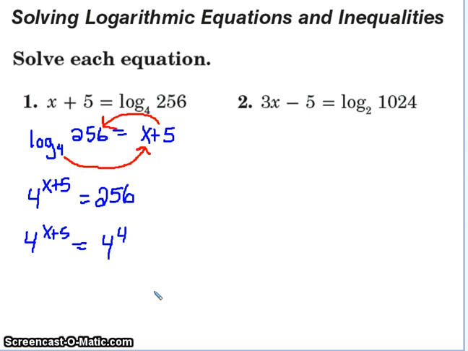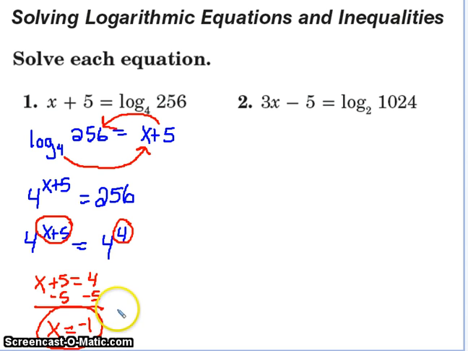Once we have the same base, then we are able to set our exponents equal to each other. Just a plain old equation. And we get x plus 5 equals 4. Subtract 5 from both sides, and we get x equal to -1.